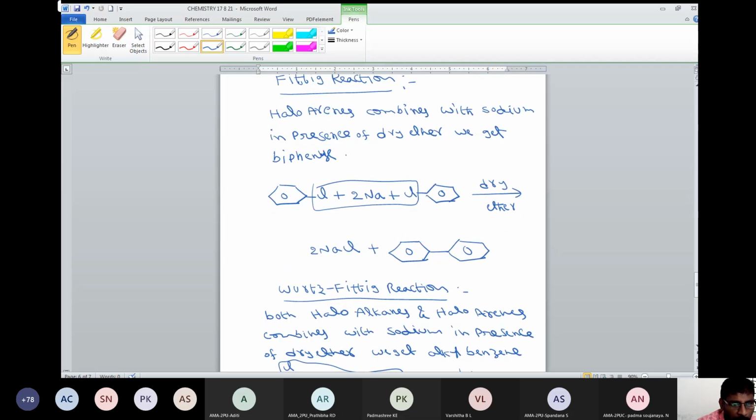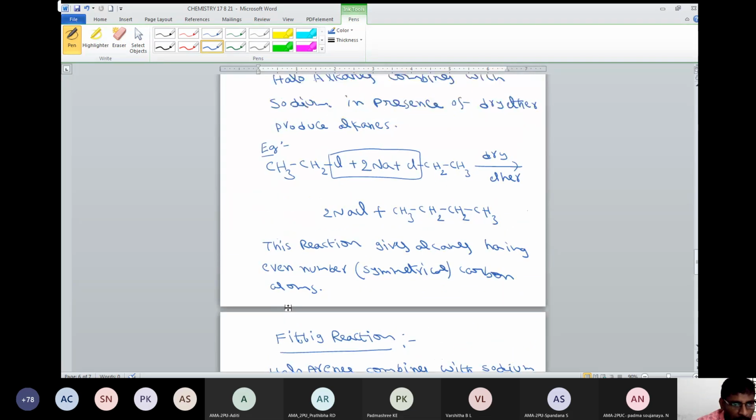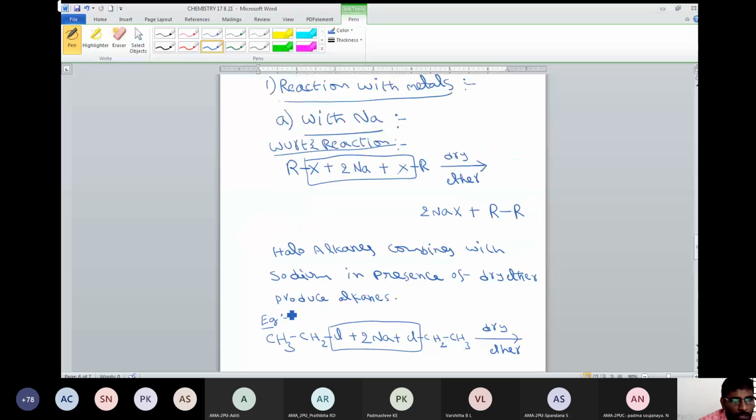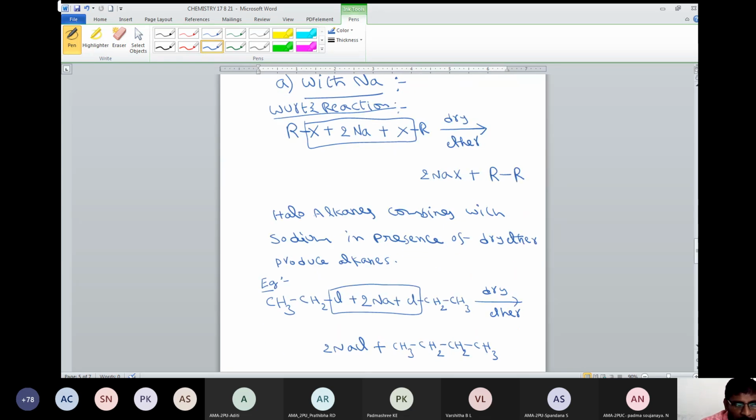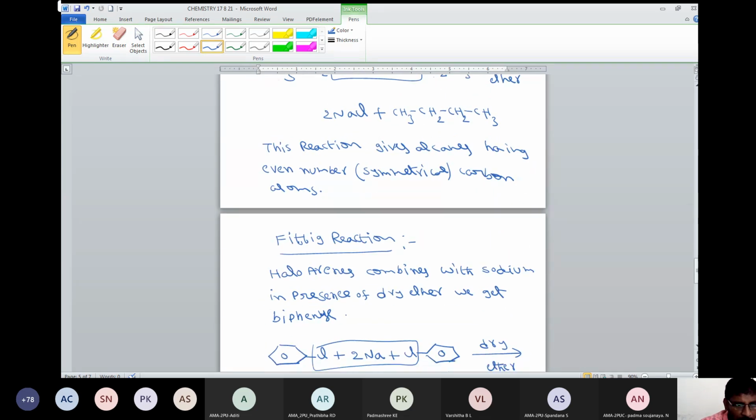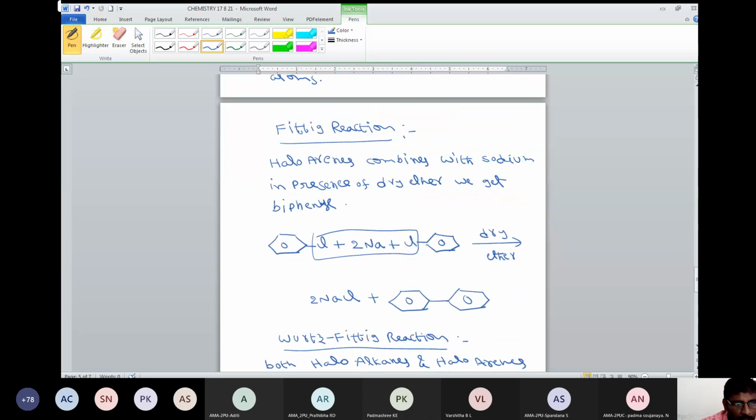So with sodium metal there are 3 reactions. Haloalkanes combining with sodium, the reaction name is Wood's reaction. Haloarenes combining with sodium, the reaction name is Fittig reaction.